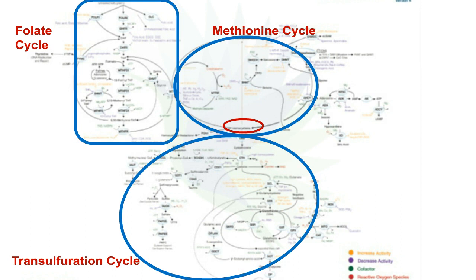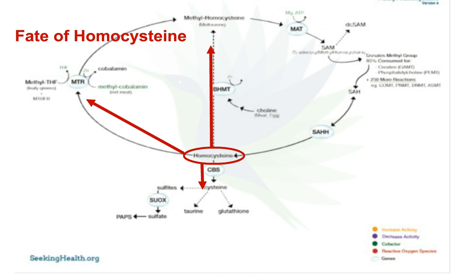They flow their nutrients back and forth, and they're meant to get along as good friends, but sometimes, as we'll see, there can be blockages and inhibitors, and almost like a vicious war going on in our body between these cycles. But as we see here, homocysteine is not by itself, and it's right in the junction of these different cycles. So let's talk about the fate of homocysteine.